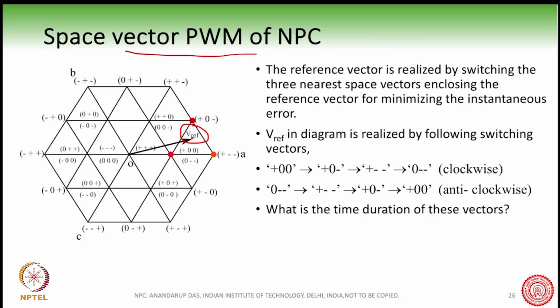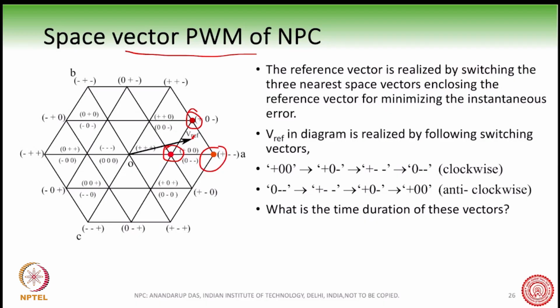Okay, so in order to do that, we first observe that when the VREF is here, when the tip of the reference vector is here, we must switch the three nearest vectors available to us. As we have earlier told, this will reduce the instantaneous error to the minimum.